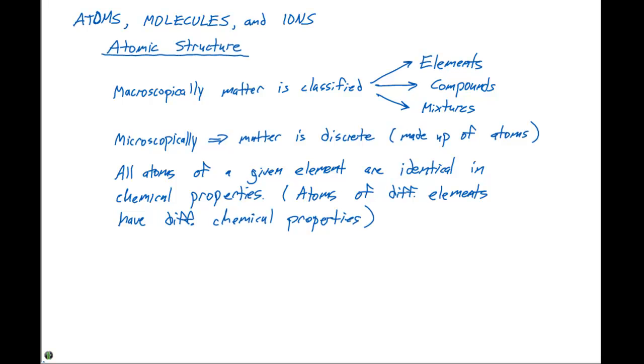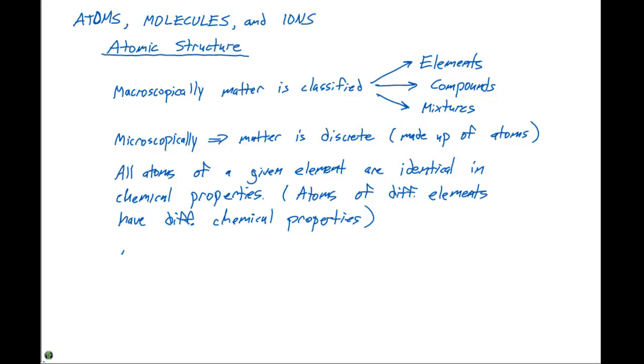As chemists, we are very, very interested in the chemical and physical properties of matter. So we need to look at this atomic structure and look at these atoms and see how they behave in order to predict the properties and try to interpret how they fit into our everyday lives.